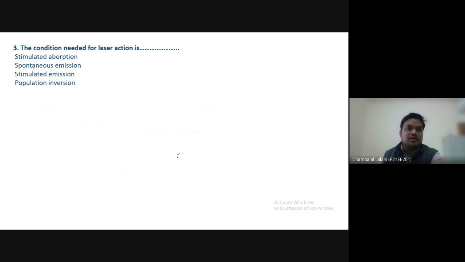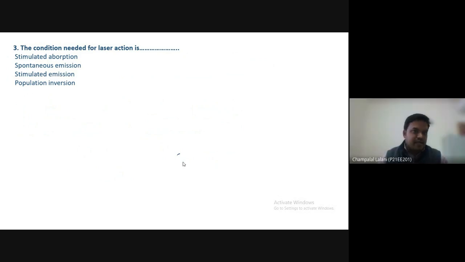Next question: the condition needed for laser action is stimulated emission. There may be multiple correct answers, so please. Stimulated emission, population inversion.